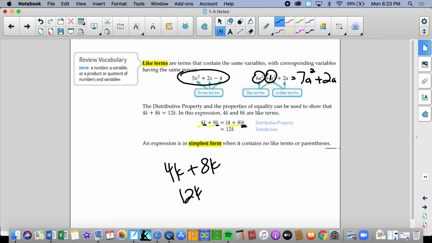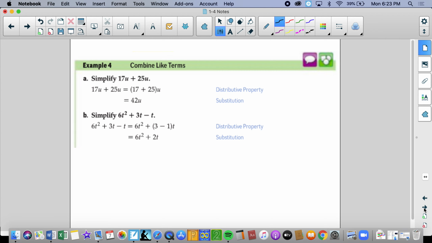An expression is in simplest form when it contains no like terms or parentheses. So we want to simplify those like terms. 17u plus 25u. If you have 17 ukuleles and then somebody gives you 25 more ukuleles, you would have 42 ukuleles.